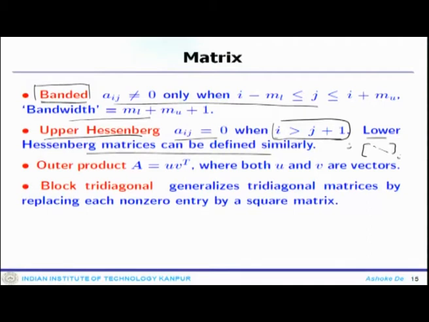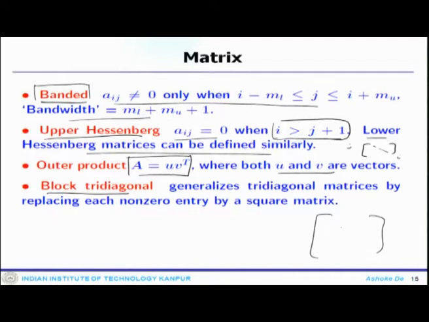Then the outer product: if you have two vectors u and v, the matrix will give you the outer product. Or you can also have a block tridiagonal system, which generally consists of tridiagonal matrices in a system.